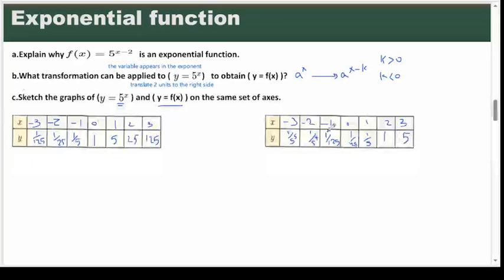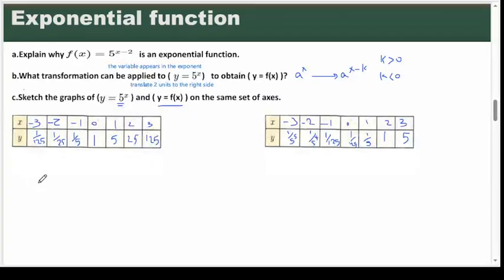If we look at this pattern, we see it's exactly like I move the graph 2 units to the right side.